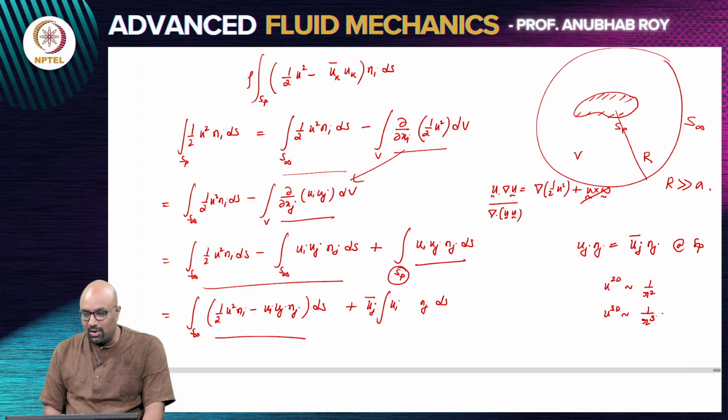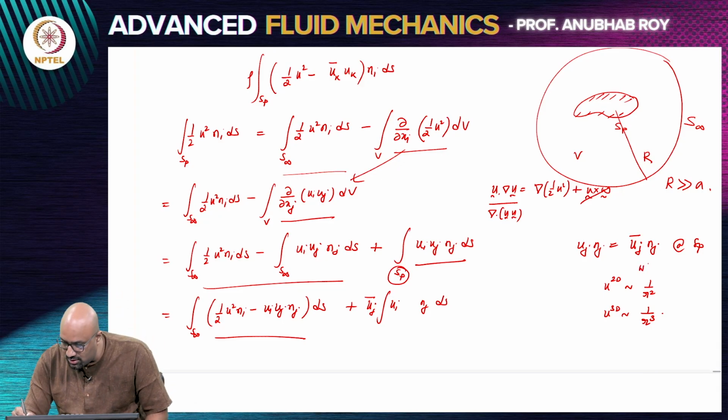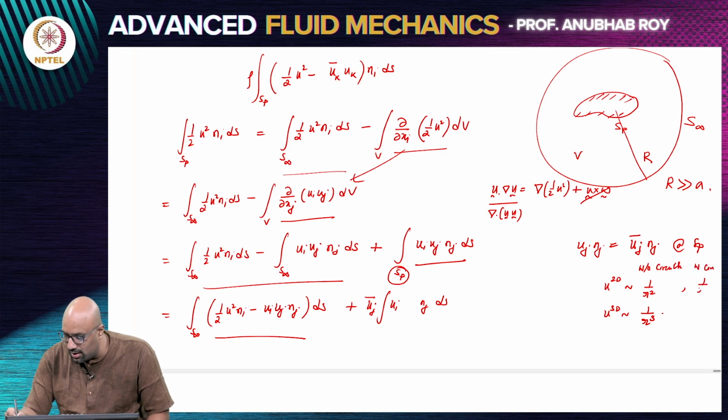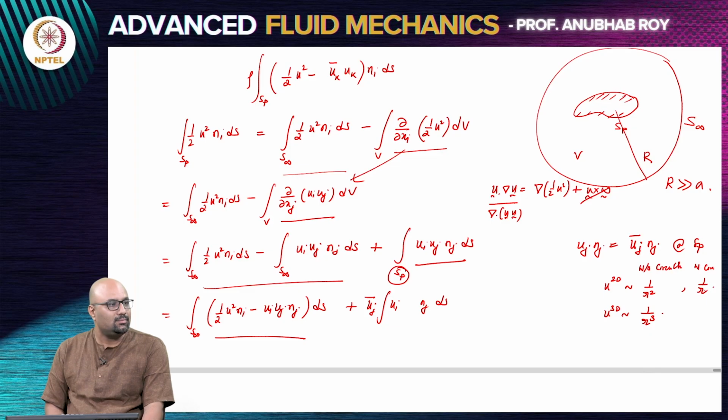Now, if there was circulation in the problem, how would the velocity field in the 2D problem decay far away? It will be 1 over r. So, without circulation, it is 1 over r square. With circulation, it goes as 1 over r. In 3D, there will be no circulation. It will only be there in 2D.